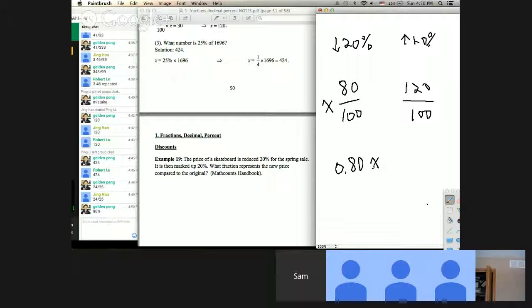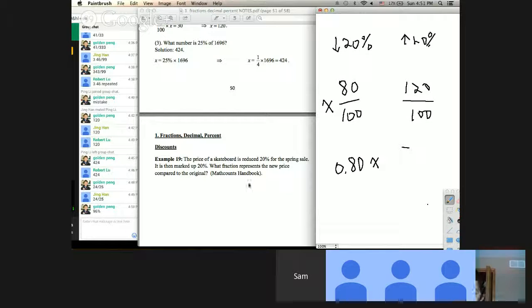Let's say the price was originally x, and then you reduced it by 20%. That means now you only have 80% of your original because you took 20% off. So it's 0.8x. That's now the price of what you have.